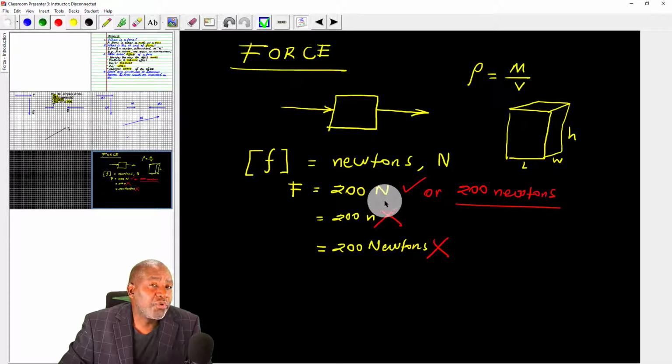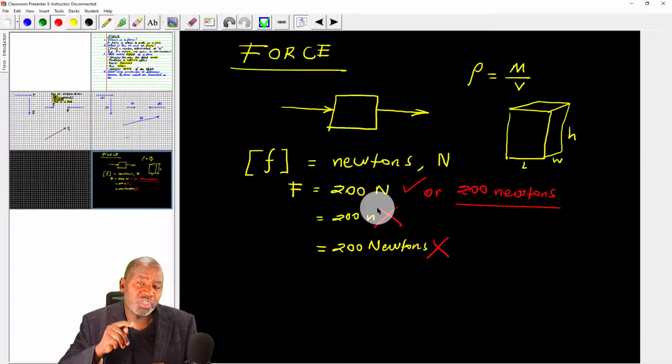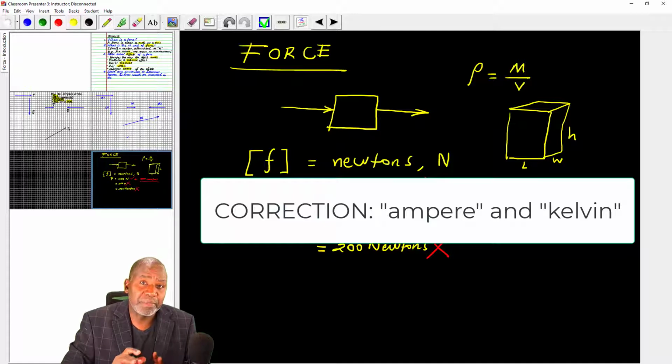First of all, how do you identify them? Majority of these units are not among the 7 basic physical quantities. In fact, there is only one of them which is the name of a person, and this is ampere. The rest are not names of people.